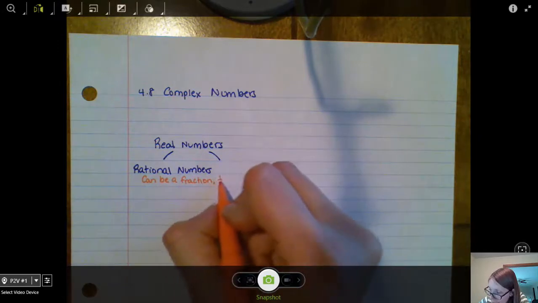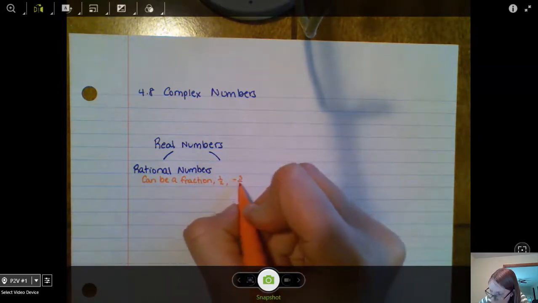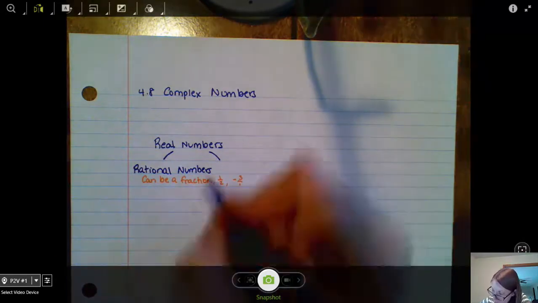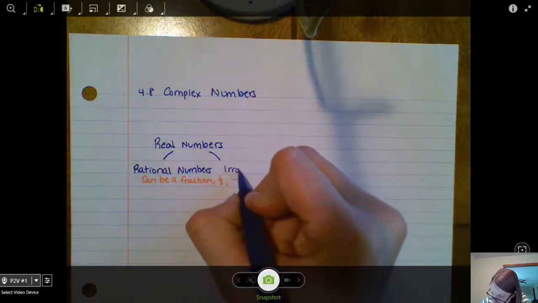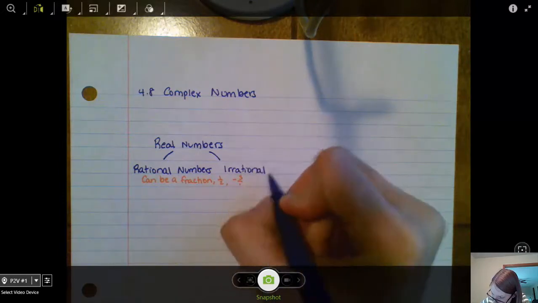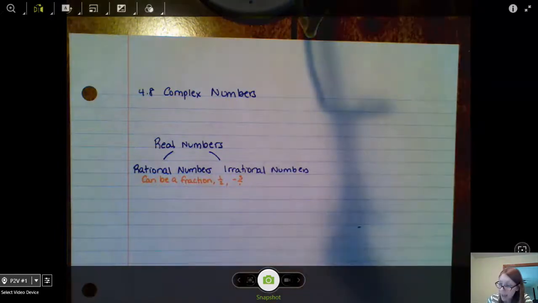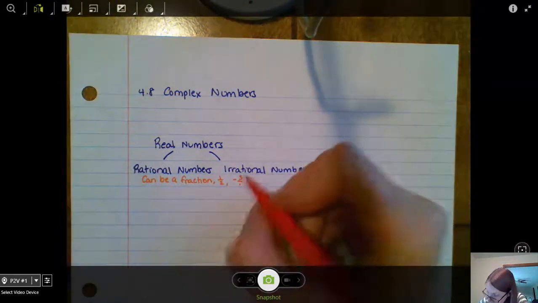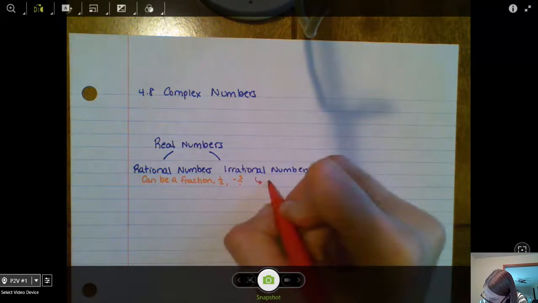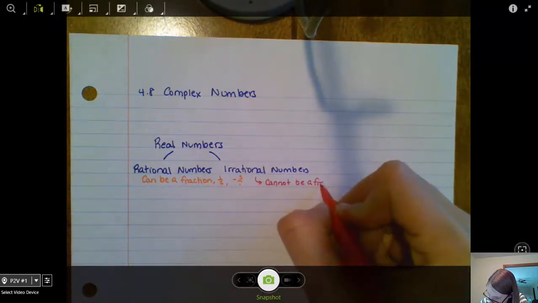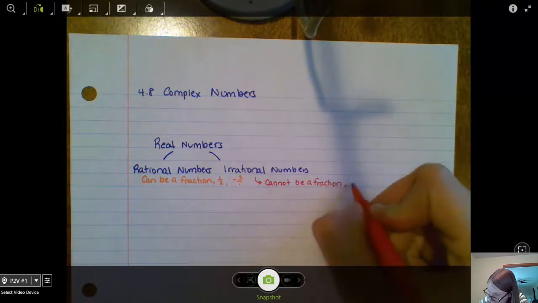Like 1/2 or -3/1, any number that can be written as a fraction. And then there are irrational numbers, that cannot be written as a fraction. Like the square root of 3, for example. The square root of 3 cannot be written as a fraction.